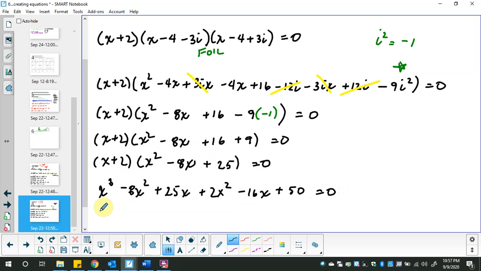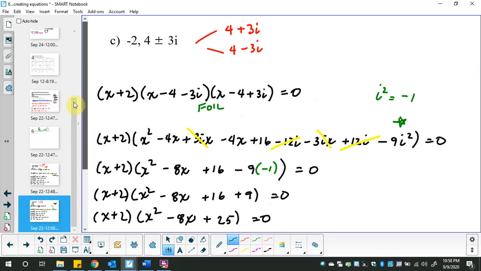So I haven't missed anything. Squared, squared, so that's negative 6 of them. X, x, that's positive 9 of them, and a 50. So that is your therefore statement for the polynomial equation.